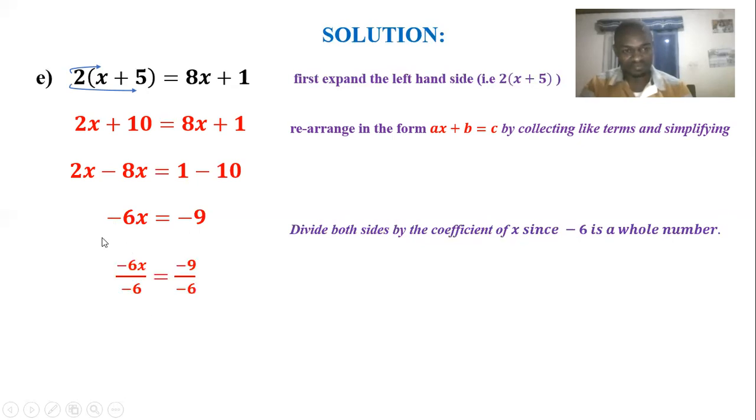And if that is done, the left-hand side reduces to an identity which leaves x unchanged, while on the right-hand side, the negatives cancel, 3 goes into 6 twice, 3 goes into 9 three times, giving us x equal 3/2 to be the truth value of this result. And that gives a solution to the simple linear equation in one variable, which leads us to the end of the lesson.